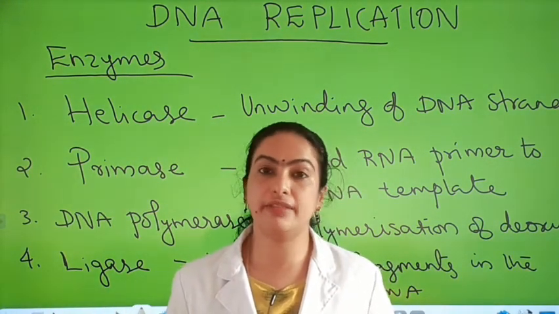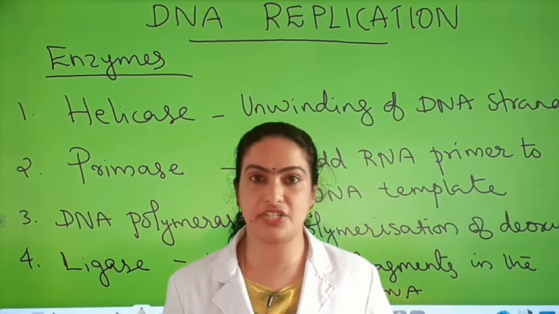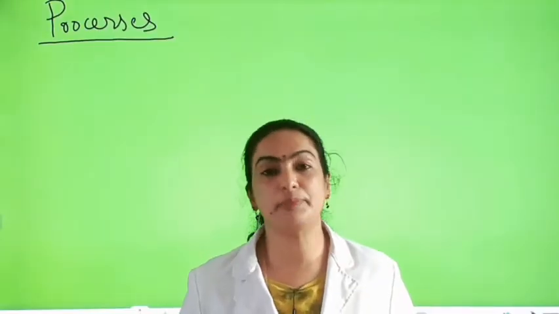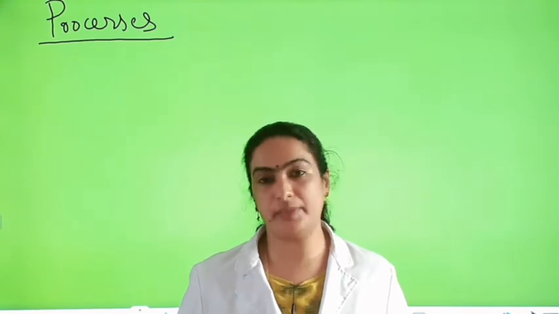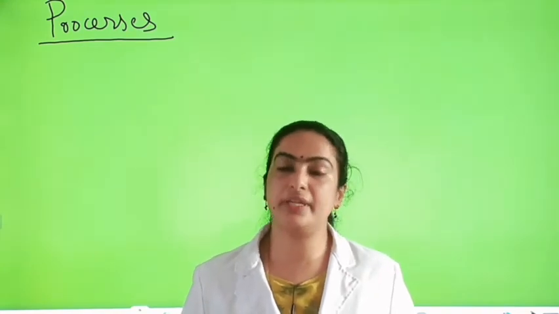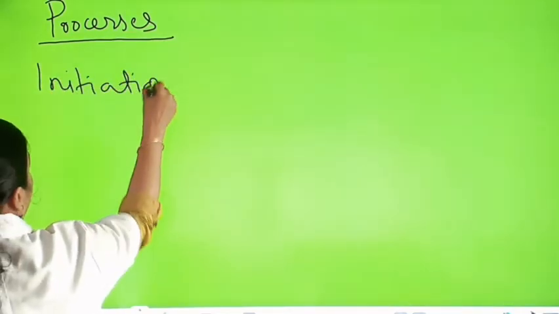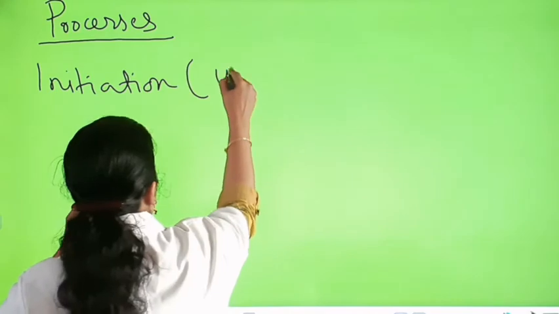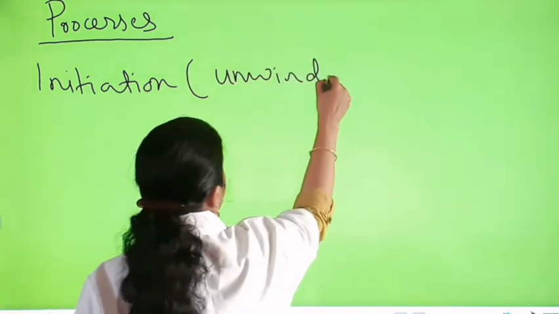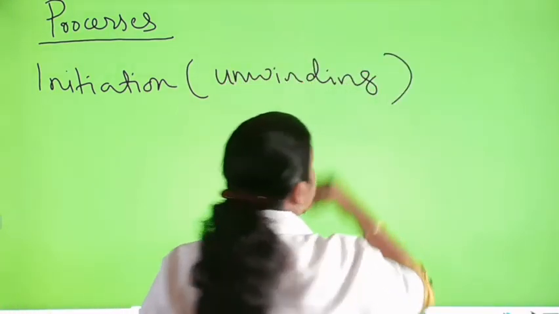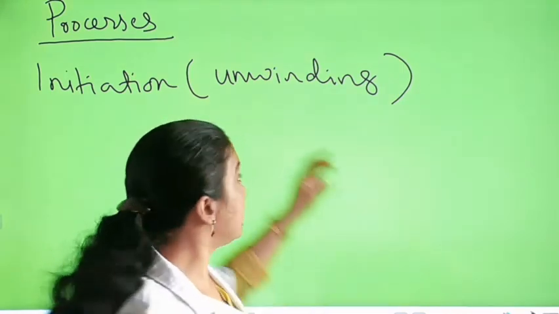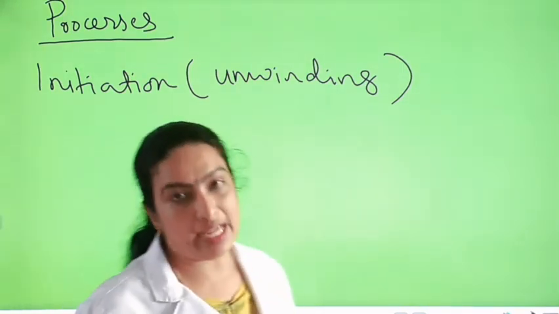Now we can see the process of replication. The first step in replication is initiation. In initiation, there is an unwinding or separation of the DNA strands. It is done by the enzyme helicase.